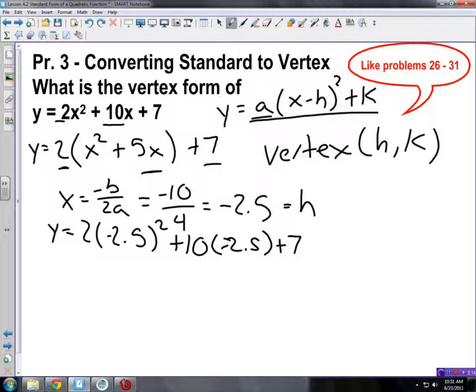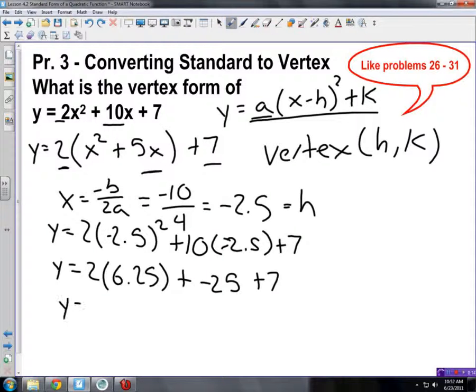This is going to be y is equal to 2 times 6.25 plus, so that's going to be a negative 25 plus 7, which is y is equal to 12.5 plus negative 25 plus 7, which if I do my math there, it looks like it's going to be a negative 5.5, which is my k value.